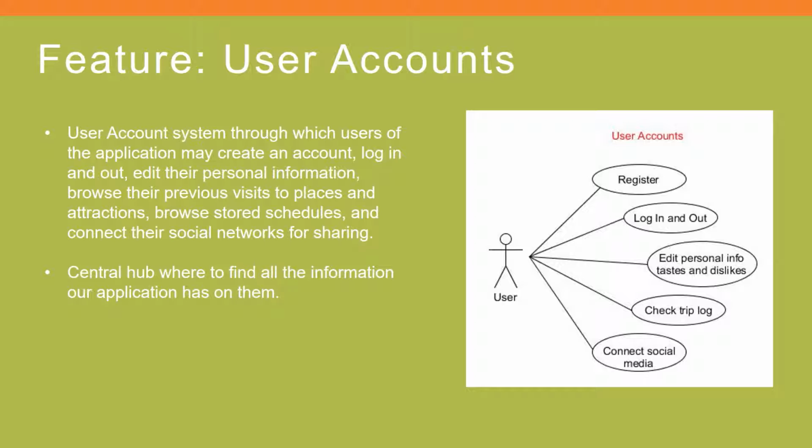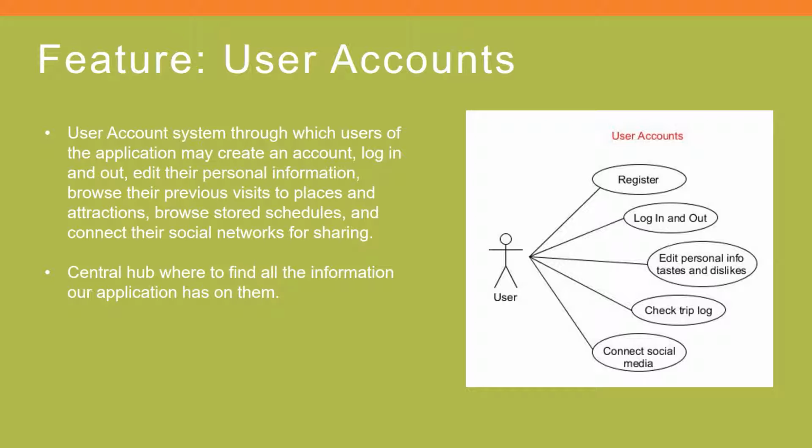The application will have a user account system, and through this system, the people who use our application can register. They can edit their personal information, log in, log out. As I said before, browse their previous trips and their previously used schedules.